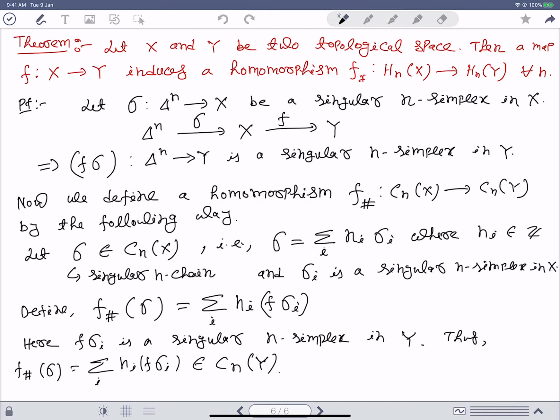Obviously here I define only a map, but you have to check that it is a homomorphism. Though it is very trivial to check that this is a homomorphism, still I can do it for you.